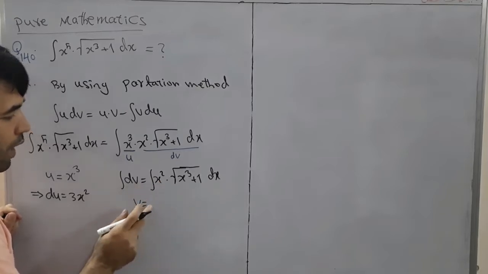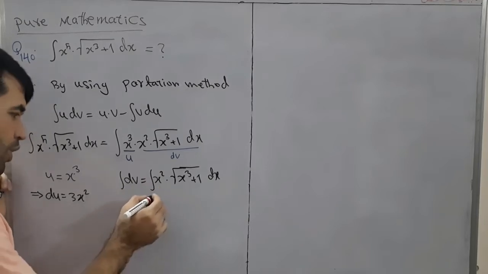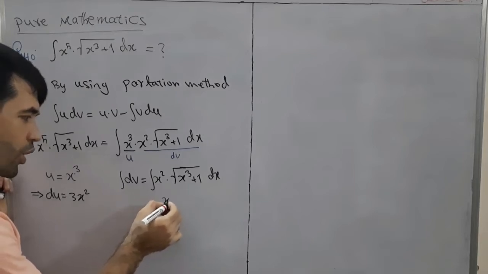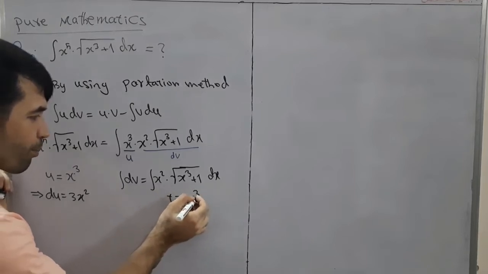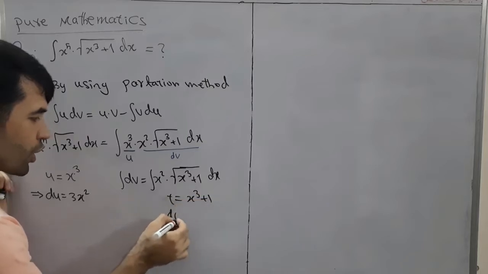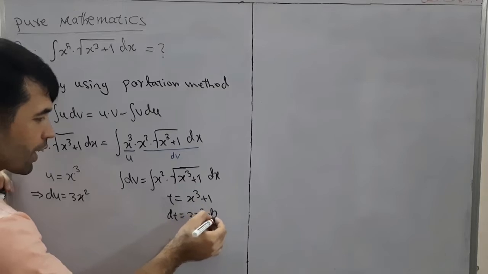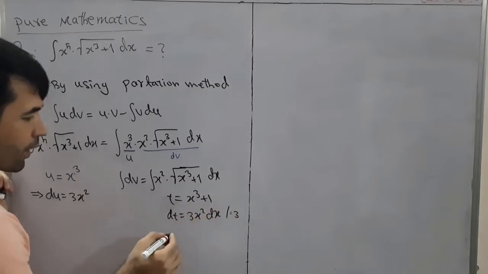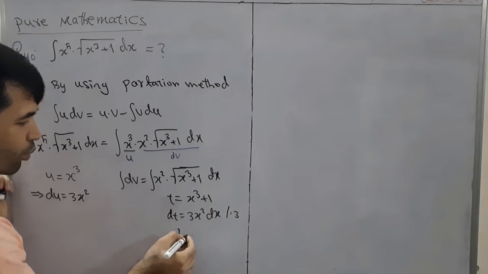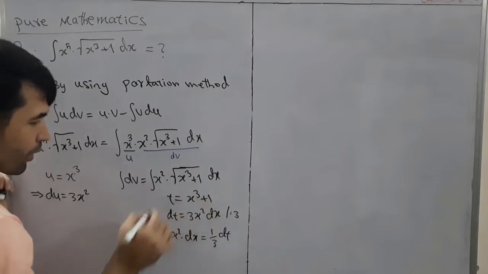Here we have to use substitution. Let t is equal to x cube plus 1, dt is equal to 3x square dx. If we divide both sides by 3, we get x square into dx is equal to 1 over 3 dt.